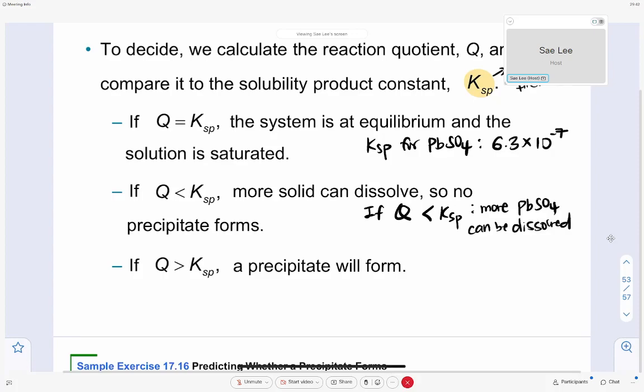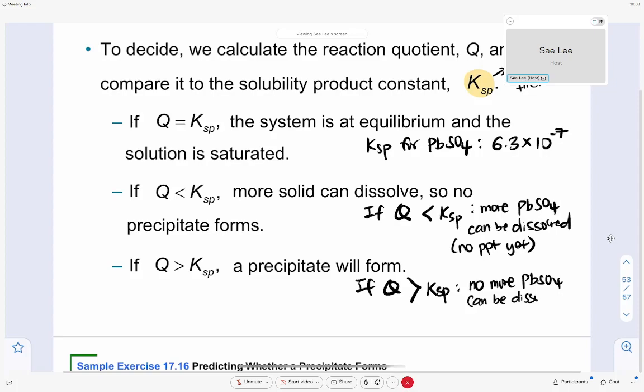There is no precipitate yet. If the reaction quotient Q is higher than KSP, this means no more lead sulfate can be dissolved. There is precipitate. Precipitate will form.